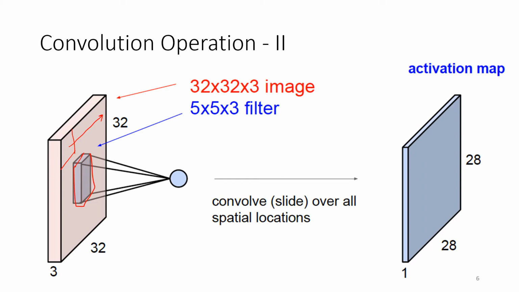So because we had a 32 by 32 input image and 5 by 5 filters, at the end we get 28 by 28 activation maps. And as you see, the depth of this activation map is always 1. The reason is, as mentioned earlier, the depth of the filter and the input image are the same, so at each spatial position where you put your filter, you get a single scalar number.